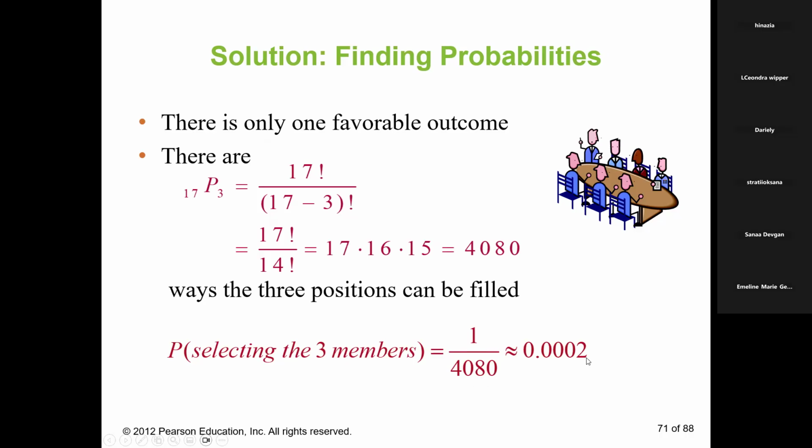So that's approximately 2 times, that will give you 0.0002. That's the probability here. Okay? Got it, Prof.